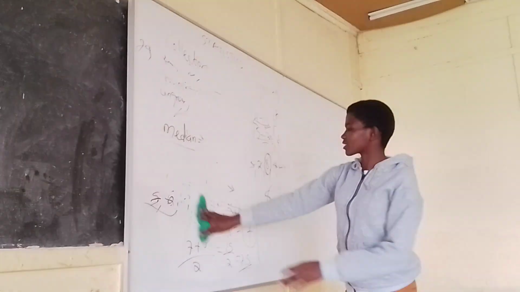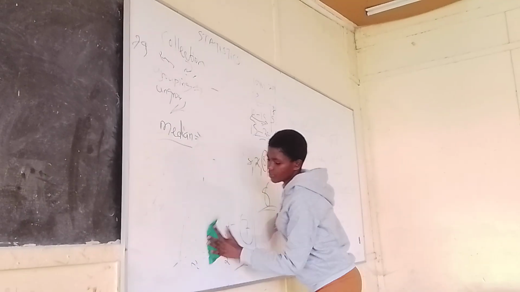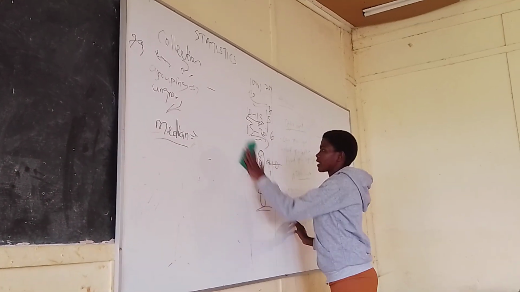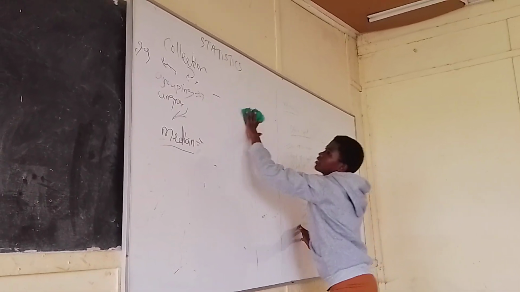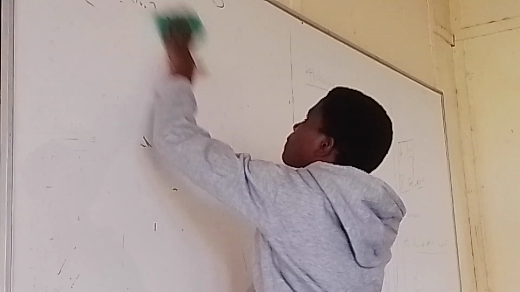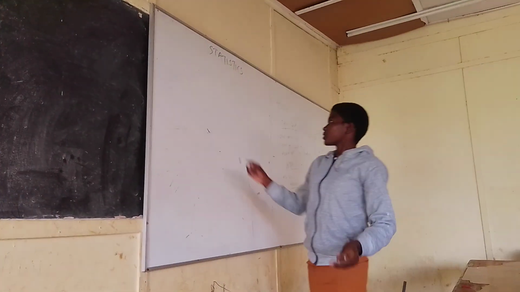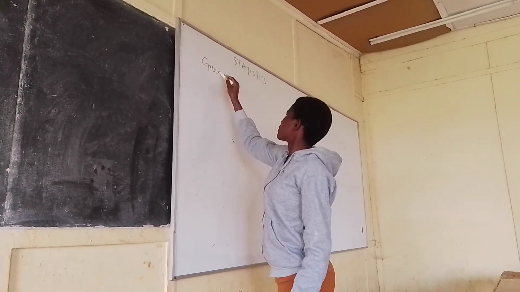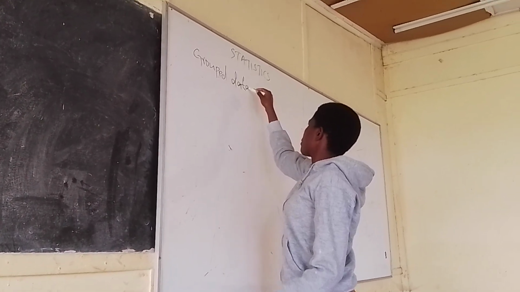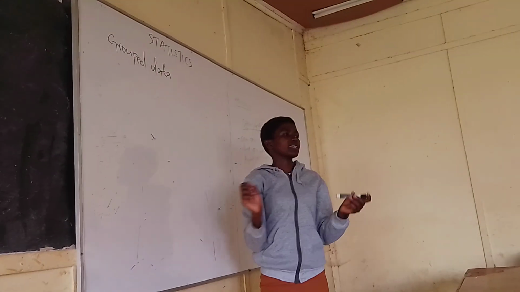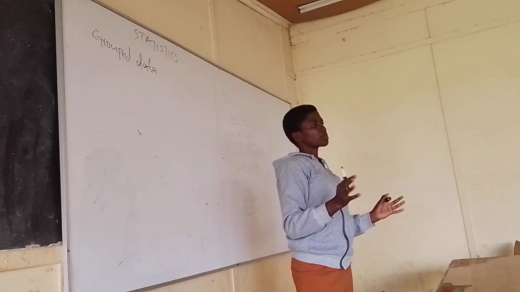So after finding the median of ungrouped data, we want now to see how to find the median of grouped data. Grouped data is just making the data to be somehow in groups.